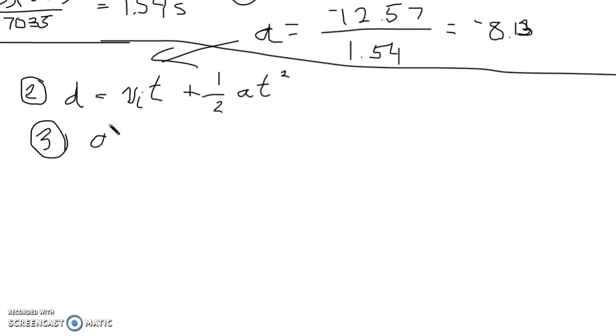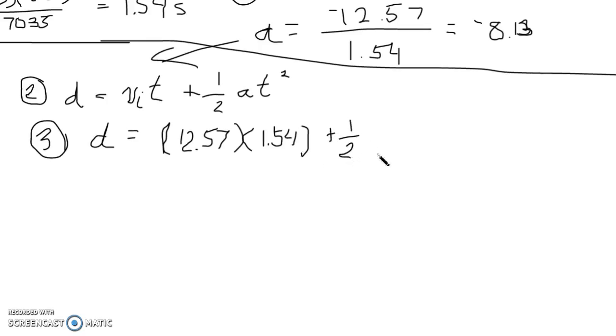Using all this, we can say that distance, and using the numbers we had initially, let's say we had 12.57, positive because we assumed this was the positive direction, times 1.54 plus 1/2 negative 8.13 times 1.54 squared equals distance, right?